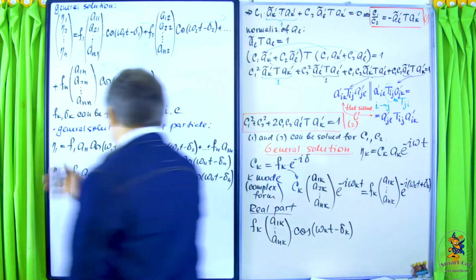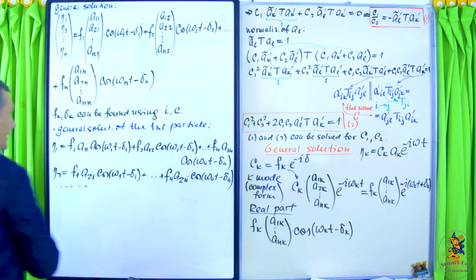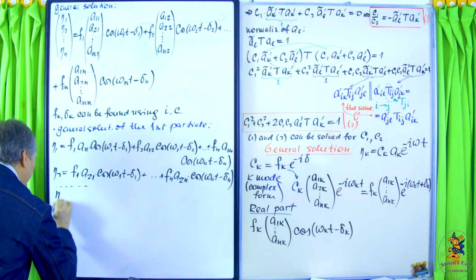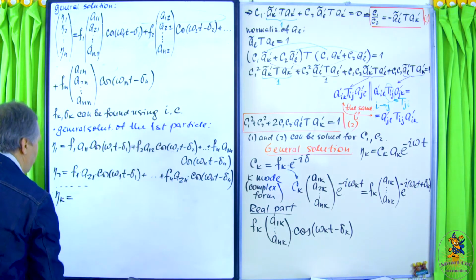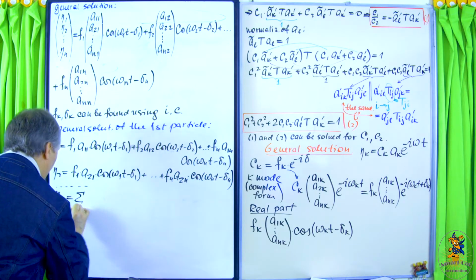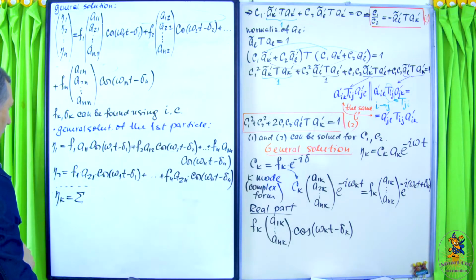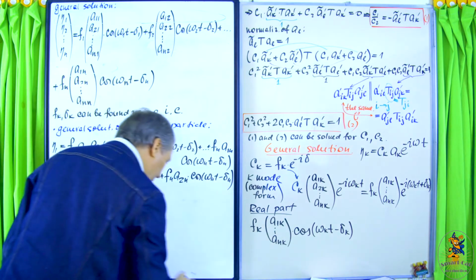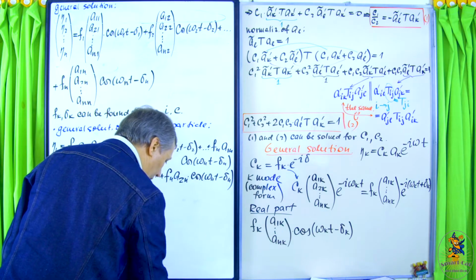Right? So now you see the tendency, and now we can write eta k equals, so it will be summation over, you know what, I used k, no, actually I used i.